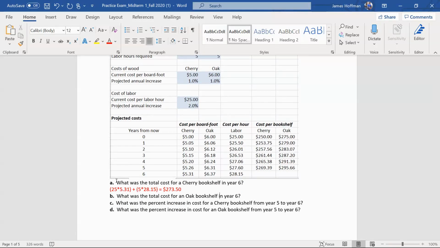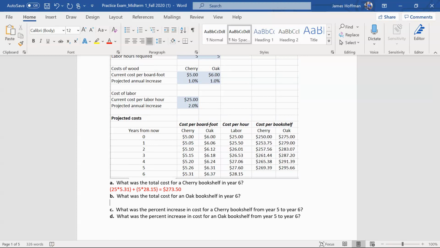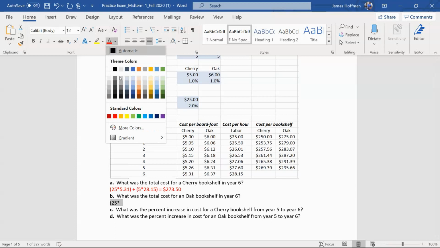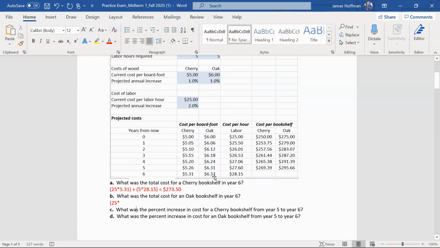And then let's do part B. What's the total cost for an oak bookshelf in year 6? Again, you have to add up the two costs. You need again 25 board feet. For the oak, it is $6.37 per foot. And then the labor cost is the same, so 5 times $28.15.